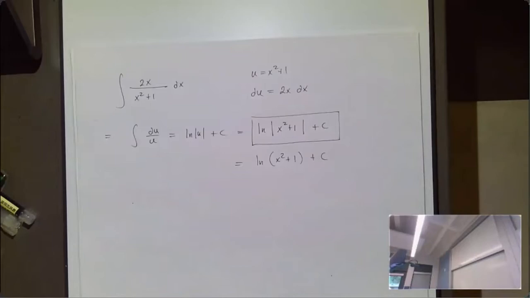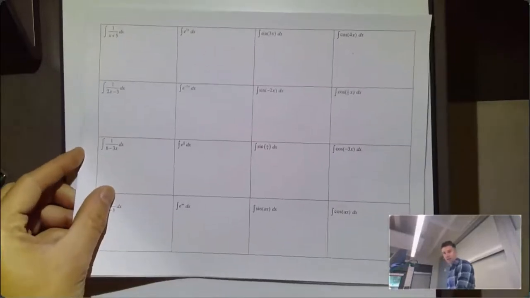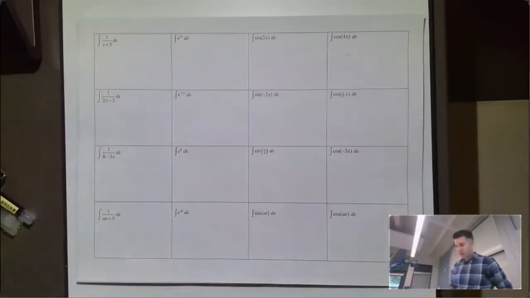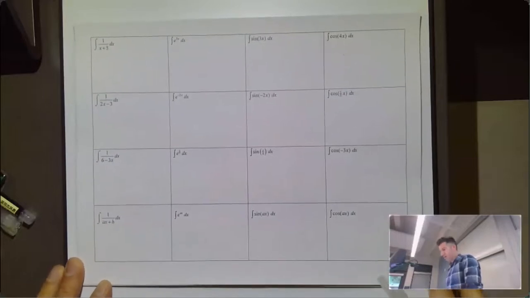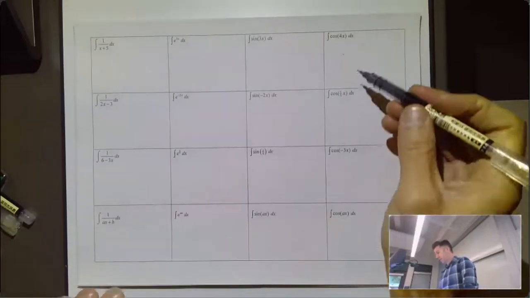So here are some things that I would like us to be able to anti-differentiate without having to do too much work. Hopefully people on Canvas or Zoom can see this all right. So let's start over here on the right.